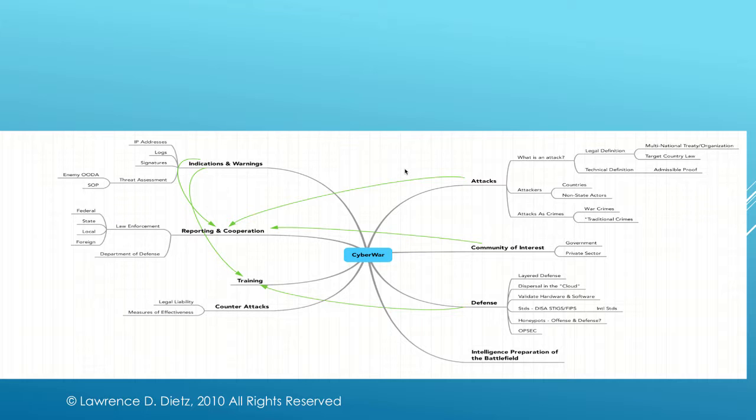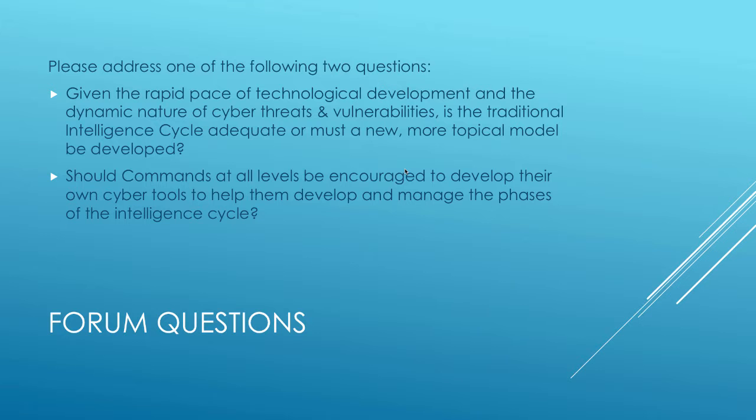You've applied the intelligence cycle to cyberspace operations, and we've looked at the differentiation between the cyber domain and the more traditional space, air, land, and sea domains. And we've looked at the way there are complementary and yet different perspectives from military and commercial sources.